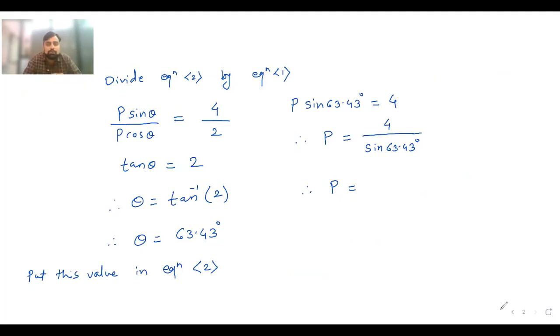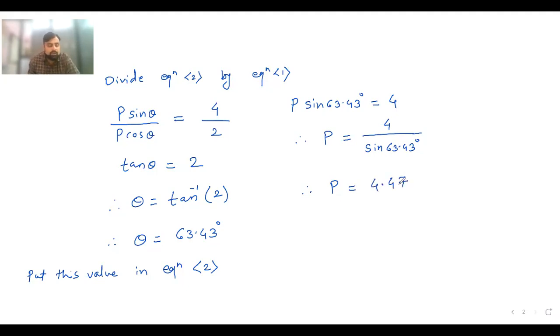You are going to get the value of force P. So let me know the answer. What is the answer? Force P. 4.47.